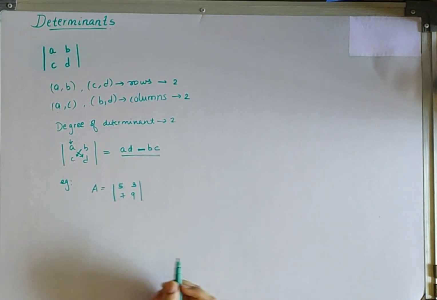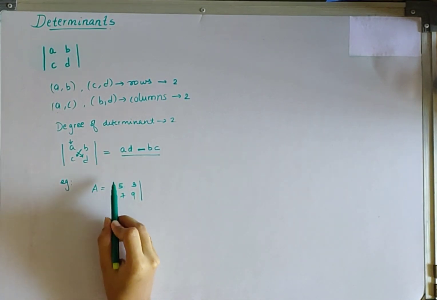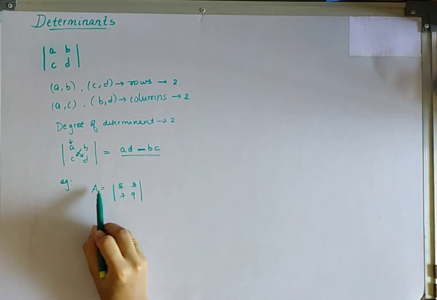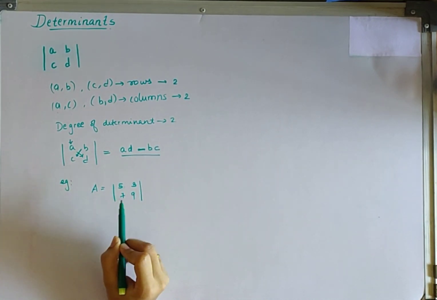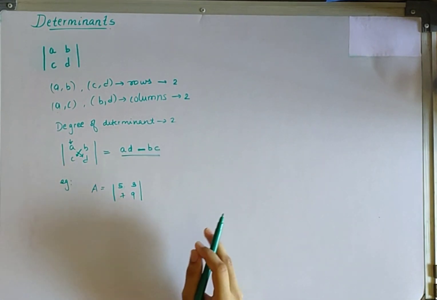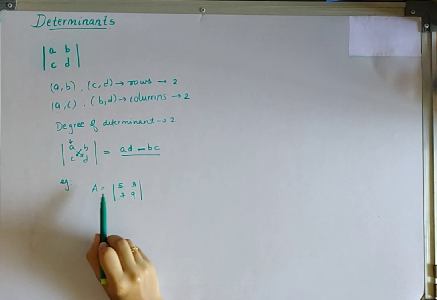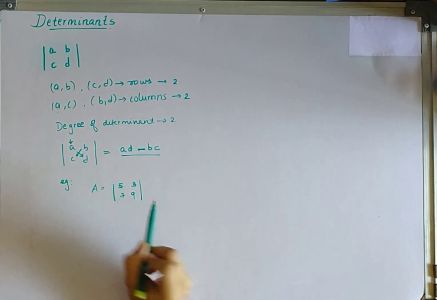So you will also understand that a determinant is always represented by capital letters, capital A, capital B, capital C. So my first determinant to solve is A equal to 5, 3, 7, 9.